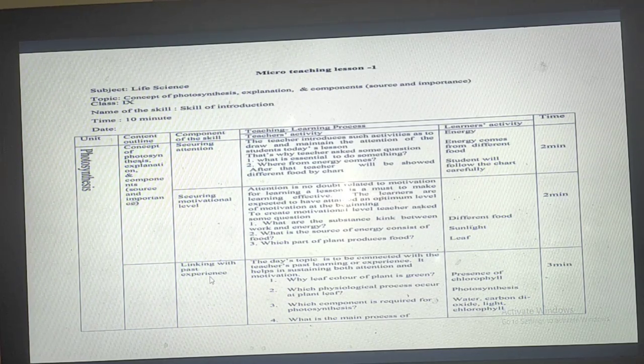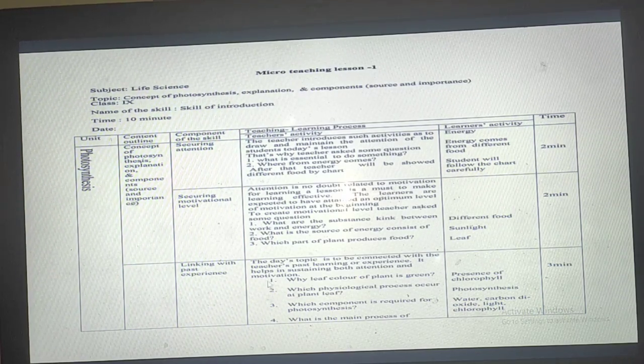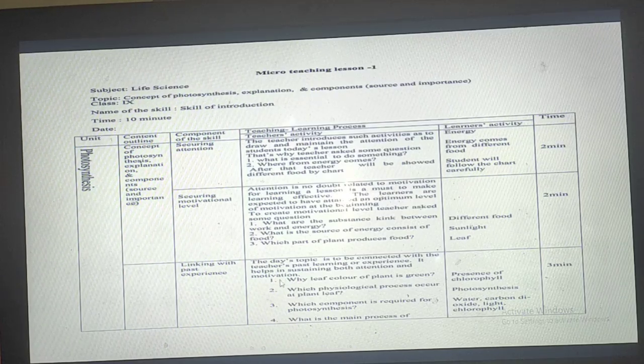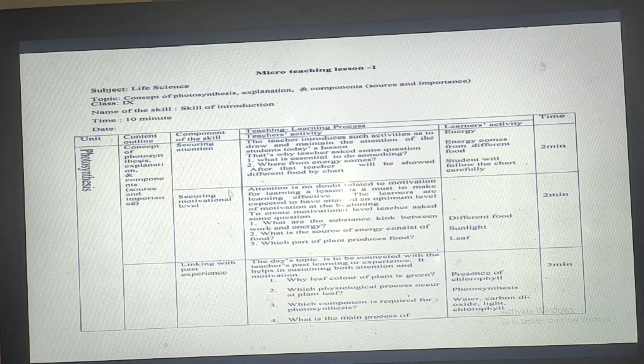Then linking with the past experience. Here I have already discussed. Suppose the concept of photosynthesis, explanation and components. Students have already learned this concept in class 10, 9.